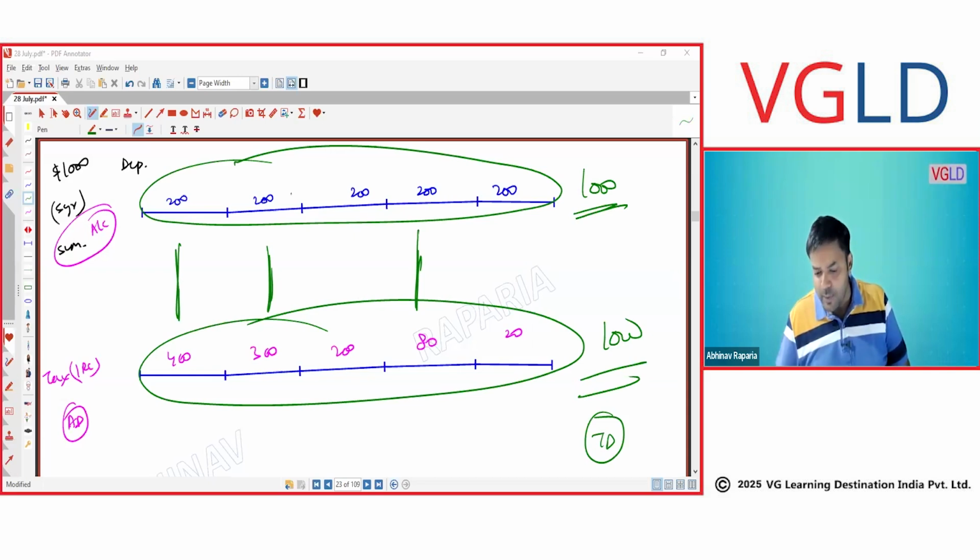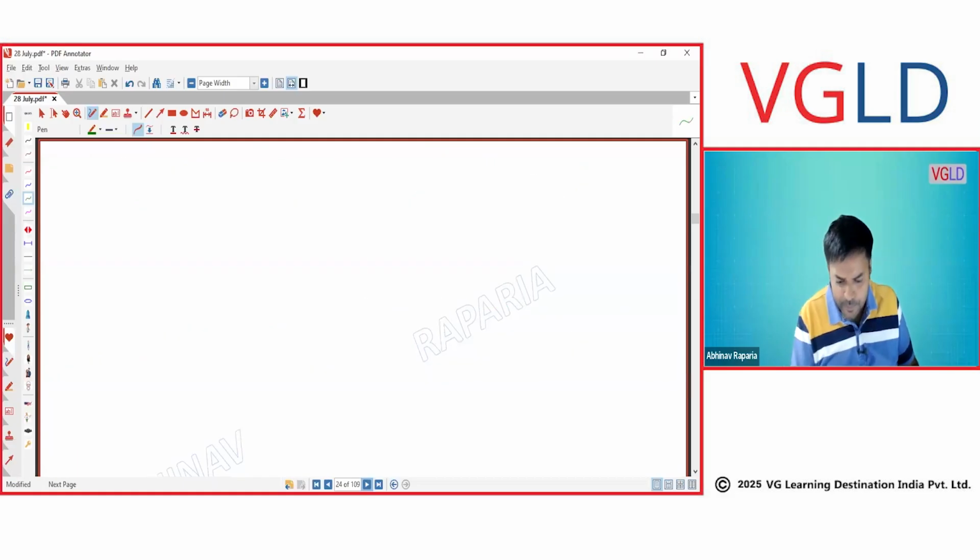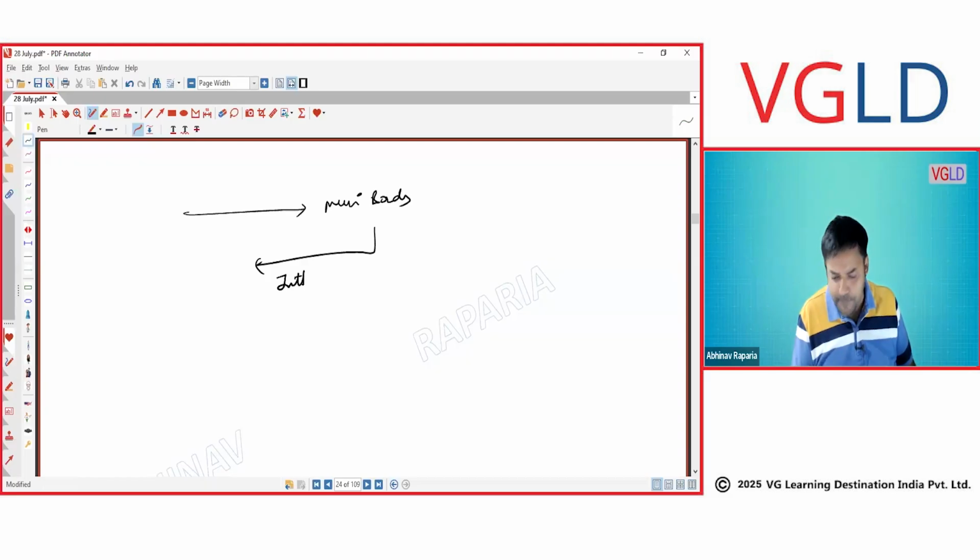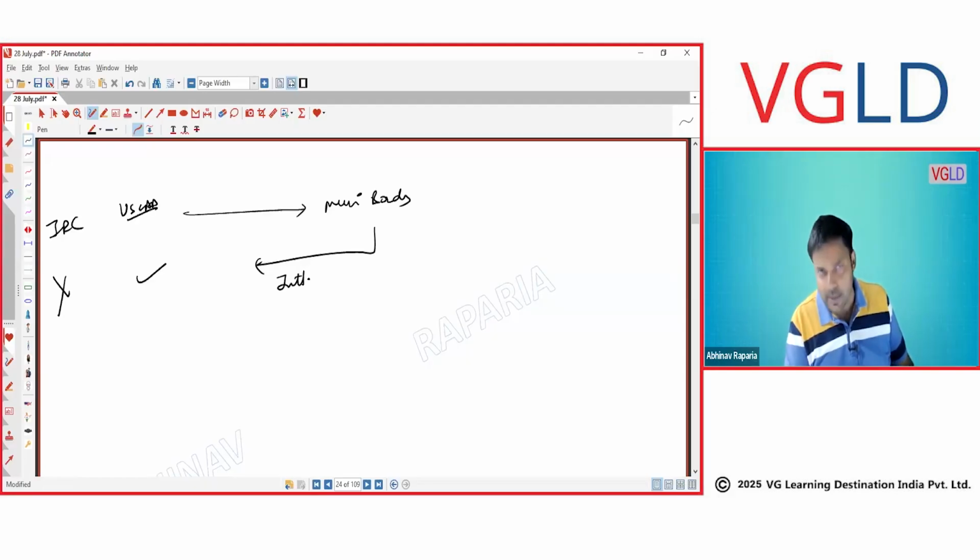Permanent difference is something when they are not going to match. For example, if you are making an investment into municipal bonds, you're purchasing a municipal bond and generating interest out of it. As per IRC, you don't pay the tax on it. Under the US GAAP, it is taxable.